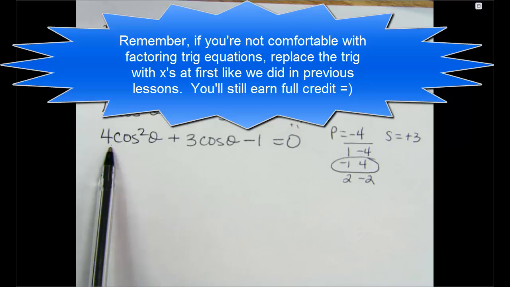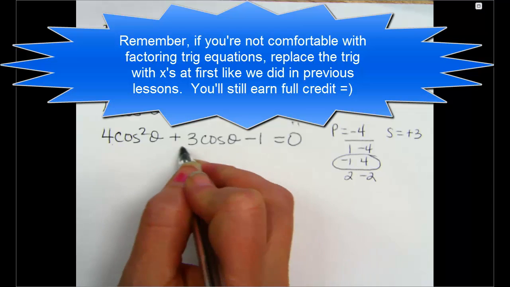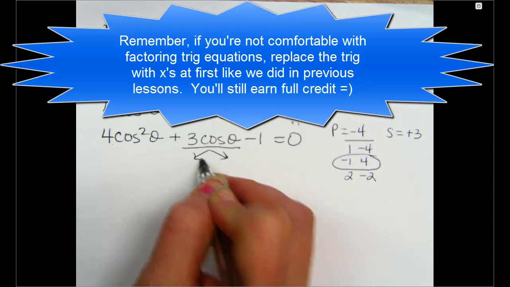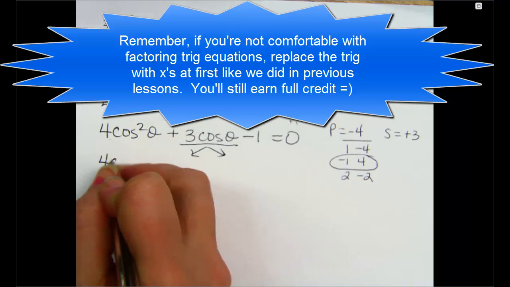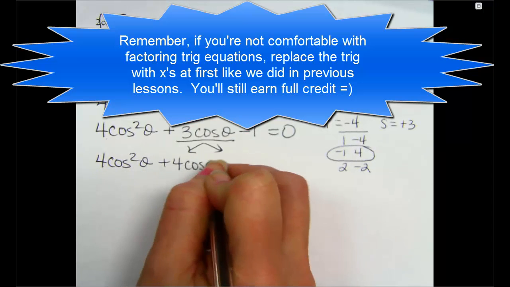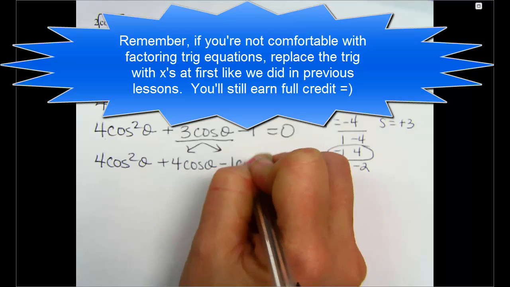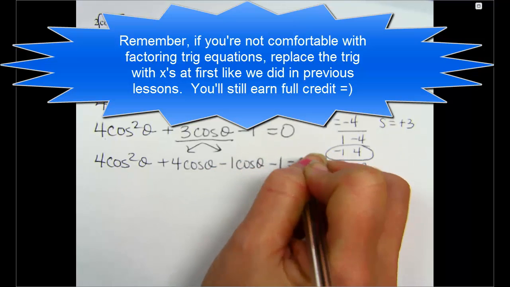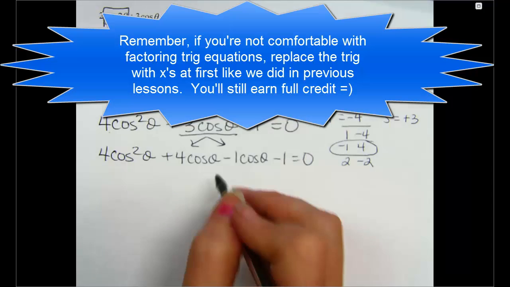It's not a quick factor because a is 4, not 1. So I do need to split this middle. 4 cosine squared theta plus 4 cosine theta minus 1 cosine theta minus 1 equals 0.